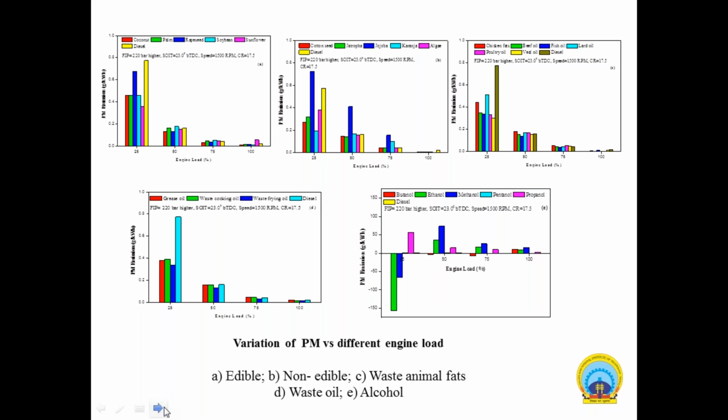The PM emission reduction with increasing engine load has been calculated for all the fuels, that is, the different categories, and some alcohol biodiesels give a negative effect on PM emission, which is clear from the tested alcohol. You can check it in the fifth diagram. Coconut oil, microalgae, and poultry oil have a great effect on PM emission as compared with the other biodiesels. Next.